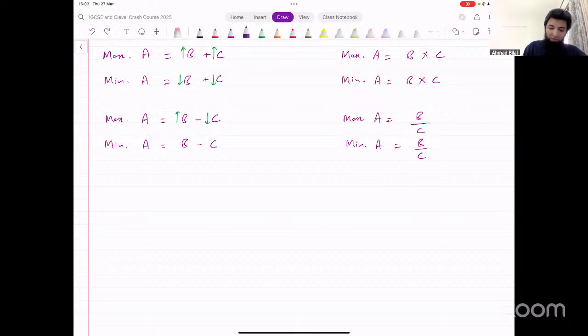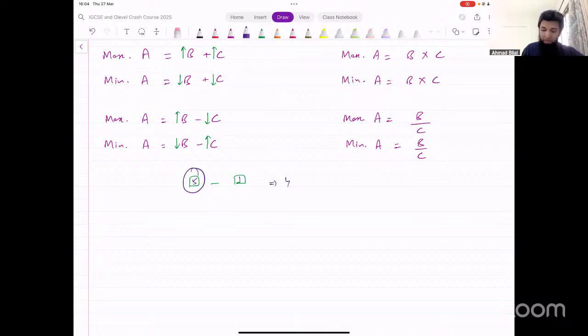Similarly, if you're looking for the minimum possible value of A, we would want the positive number to be as small as possible and the negative number to be as big as possible, right? We would want this number to be small and this number to be big. So for example, if you have 5 here and let's say 1 here, that gives us 4.